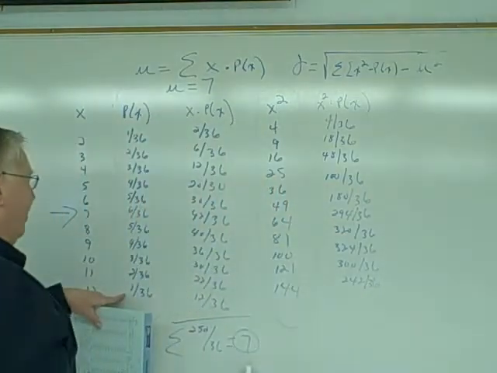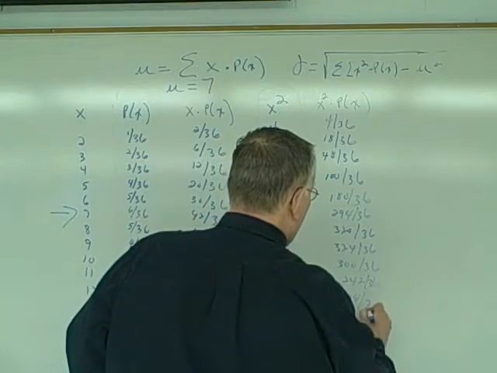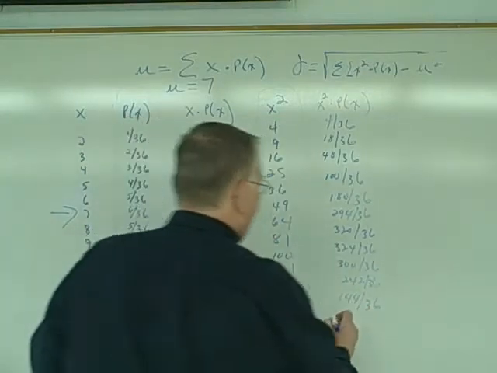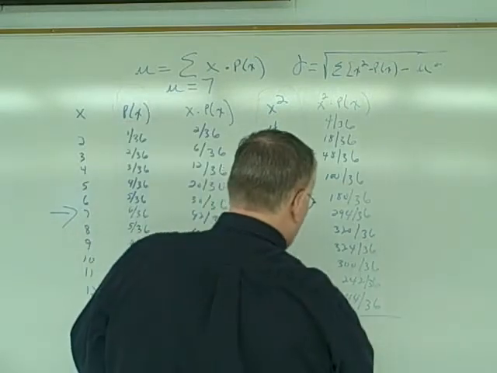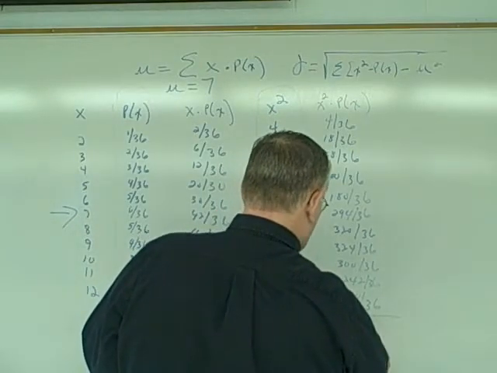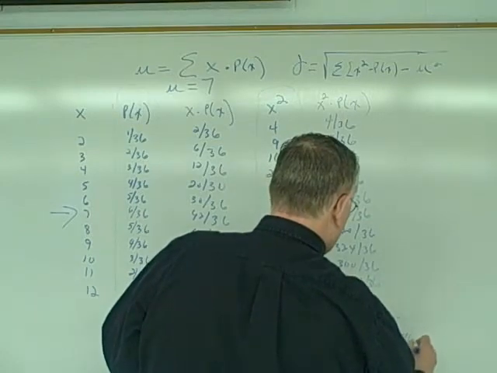The last one would be 1 over 36 times 144, or 144 over 36. Now, if I take that sum, I'm going to have 1974 over 36, or 54.8.